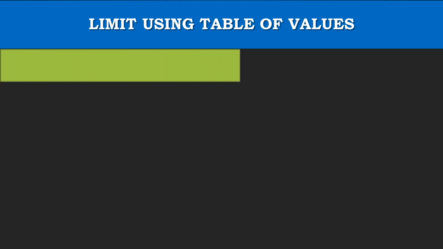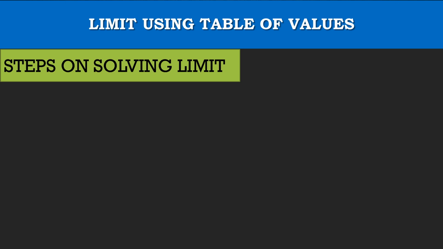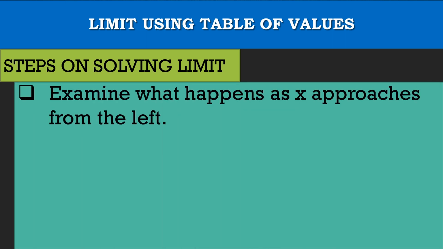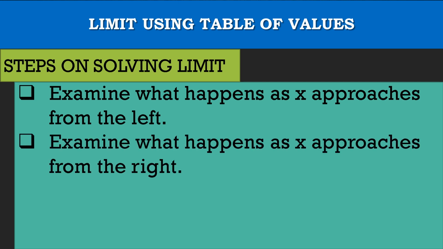So these are the procedures kung paano natin gamitin yung table of values. So first one, okay, so gamit yung table of values, mag-set lang po kayo ng mga values nyo sa x, then by substitution, lahat ng x na nasa function, palitan nyo lang, okay, to solve for your f of x. After finding the value of your f of x, examine what happens as x approaches from the left, then examine what happens as x approaches from the right.